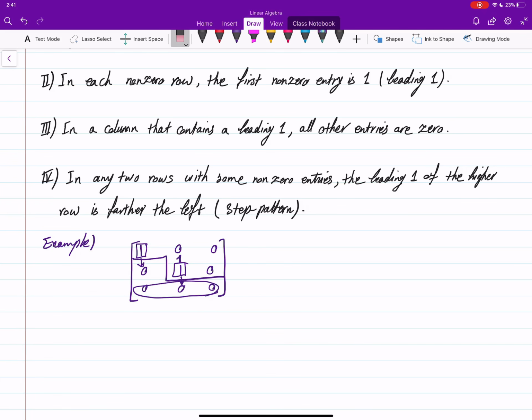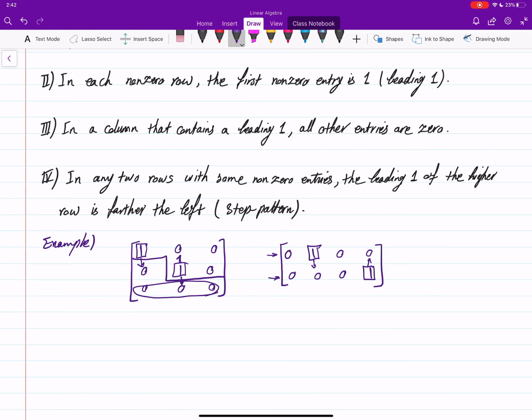Let's have another one, something like this: 0, 1, 0, 0, and then 0, 0, 0, 1. Here we don't have 0 rows. Every non-zero row starts with a leading 1. Above and below the leading ones are 0 in the same column.